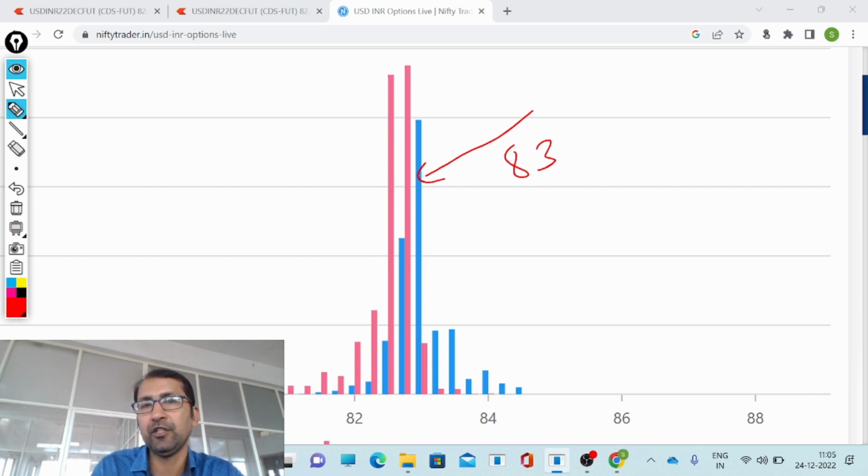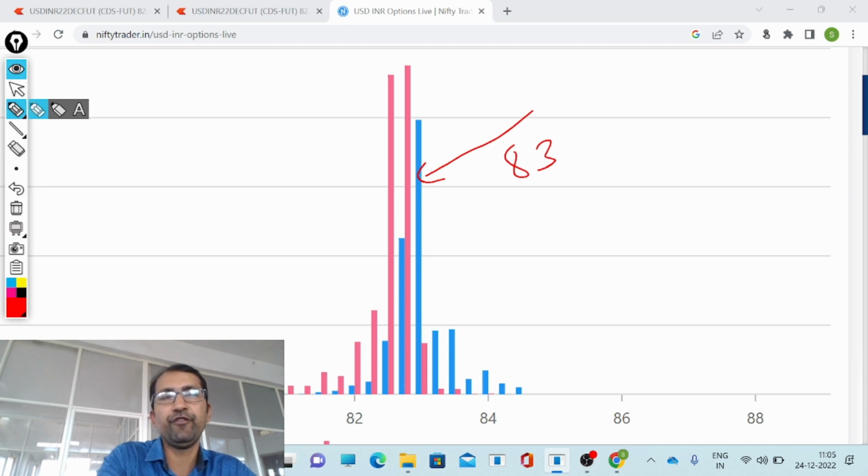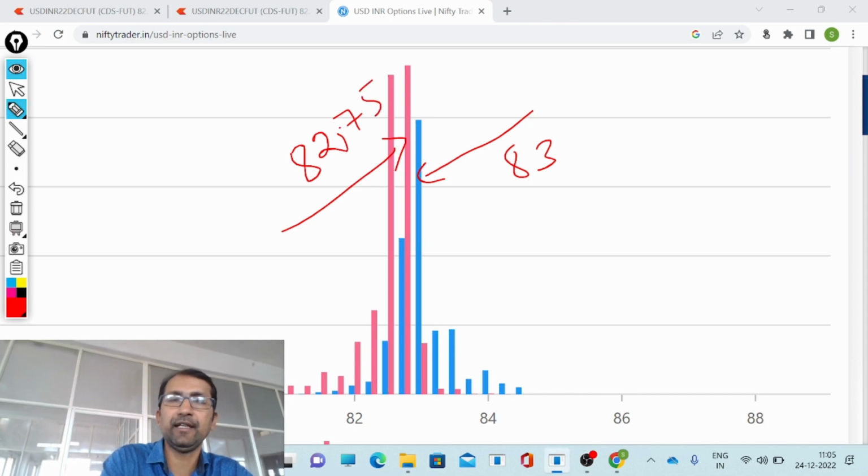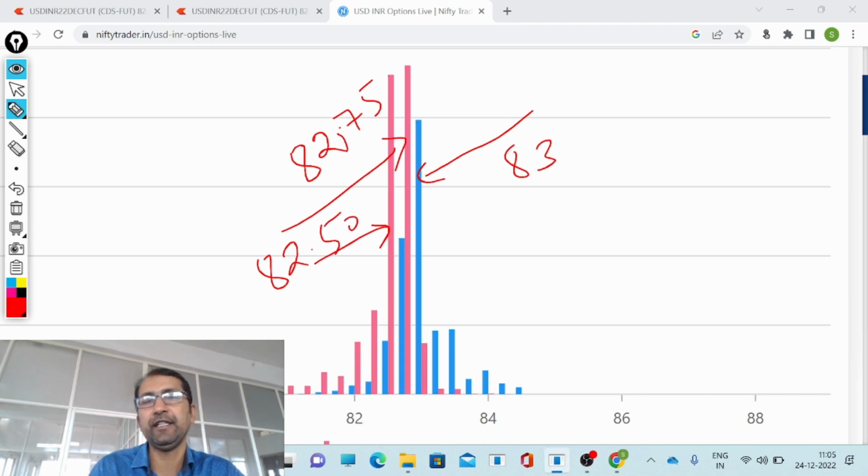And puts are more than the calls. So there will be very stiff support at 82.75, and the next support is at 82.50. So 82.75 and 82.50 are the major supports, and on the call side there is resistance at around 83. So you can expect USDINR to trade in a range between 82.75 to 83.